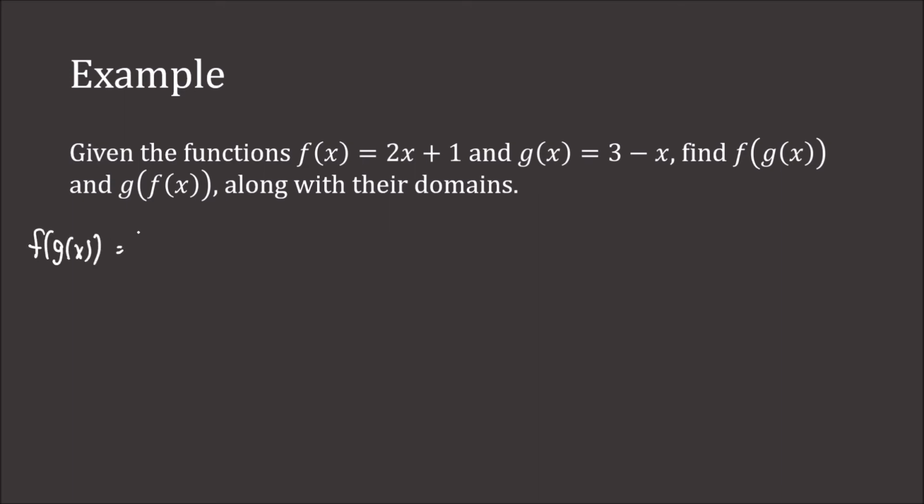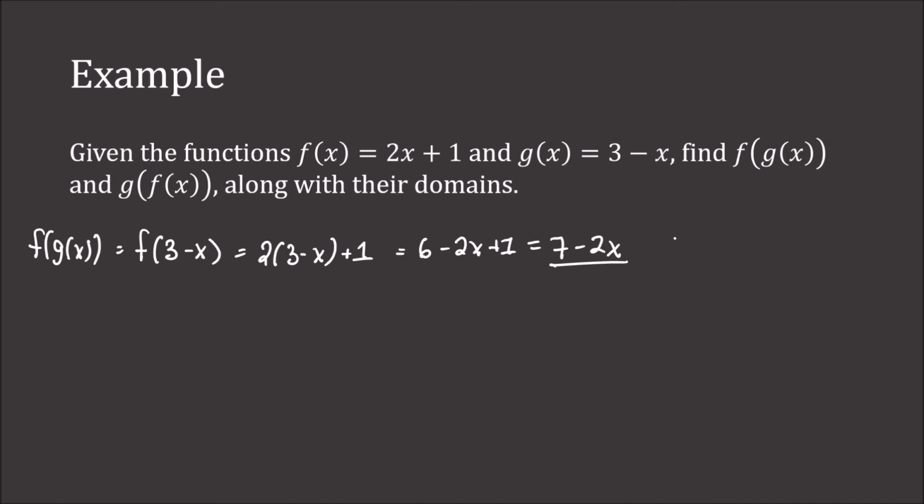Well, this is f of 3 minus x, because g of x is 3 minus x. So now we get 2 times 3 minus x plus 1, 6 minus 2x plus 1. We wind up with 7 minus 2x. So that is our composition f of g.